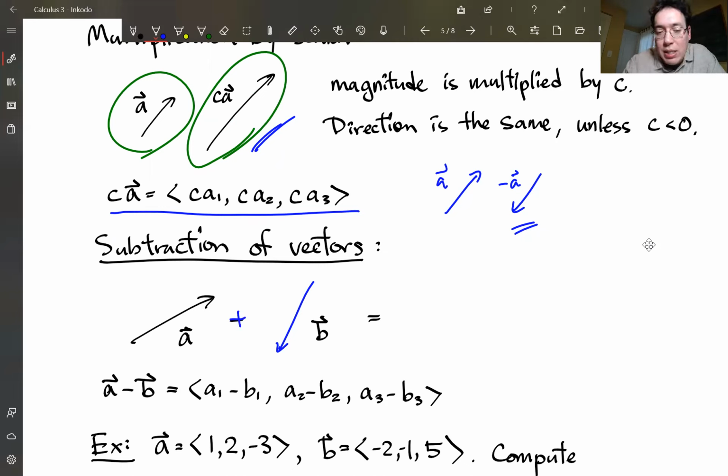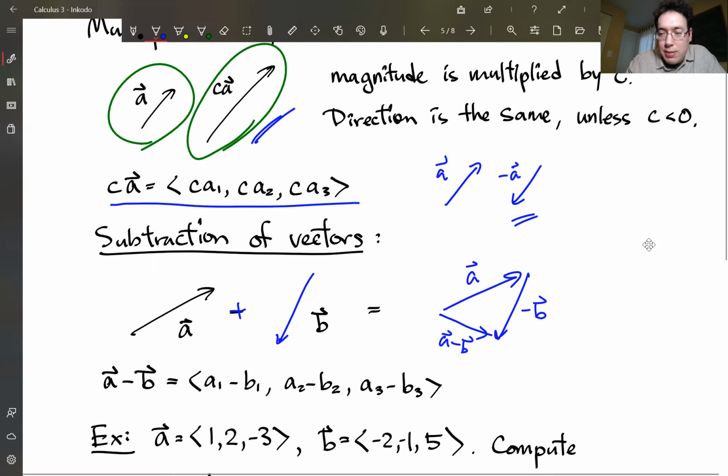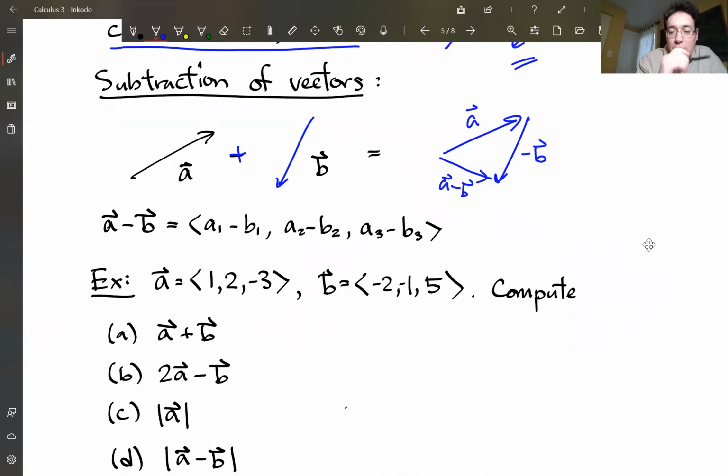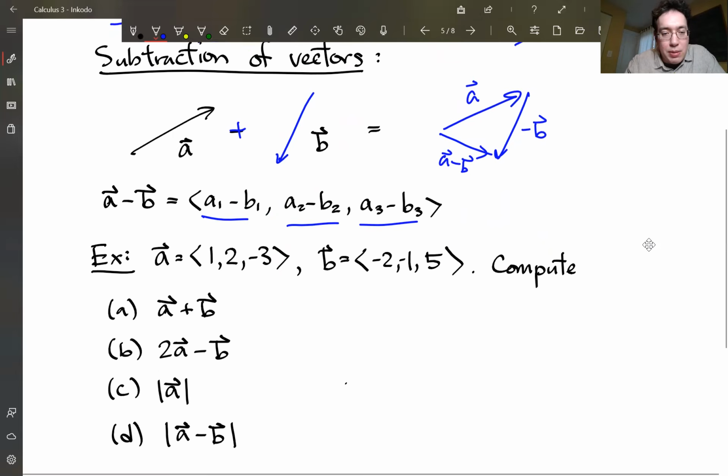So we're just going to add the difference, right? So A looks like this and B looks like that, or negative B looks like that. So this is going to be A minus B. Okay. So I hope that makes sense. And the way to compute it is pretty clear. So I'll leave that up to you, okay?